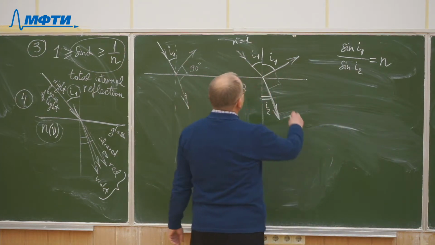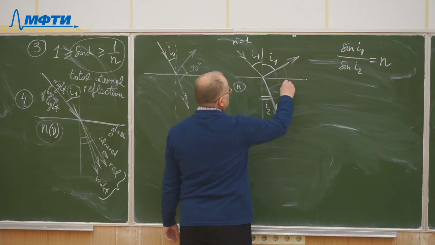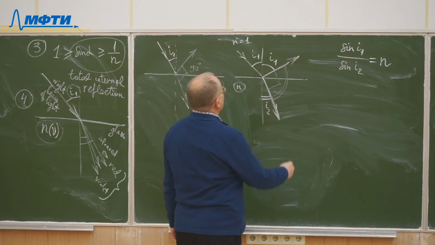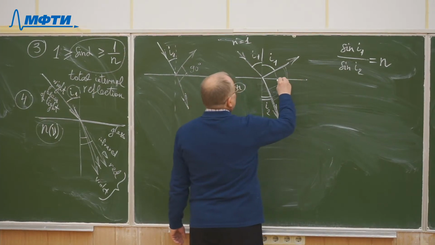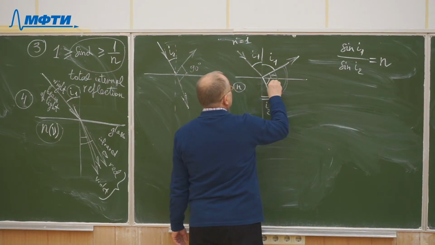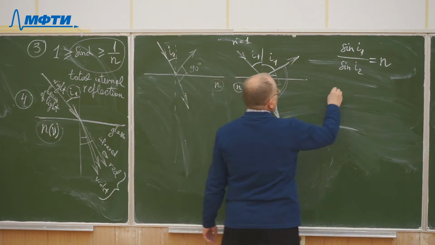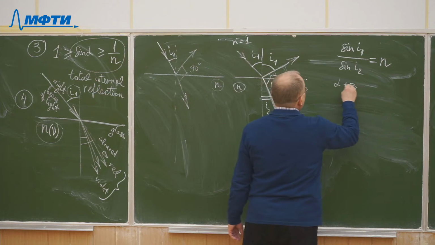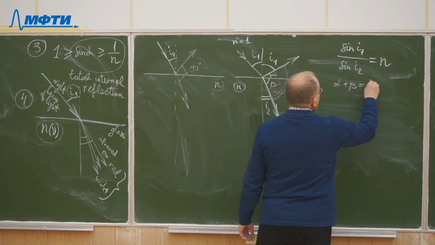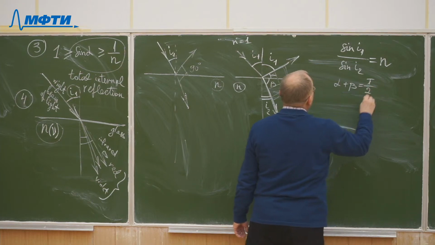And the second thing we know is that this angle is 90 degrees. How can we describe this angle? Well, this angle is the sum of alpha and beta. So we know that alpha plus beta, these two small angles, is 90 degrees or pi over 2.